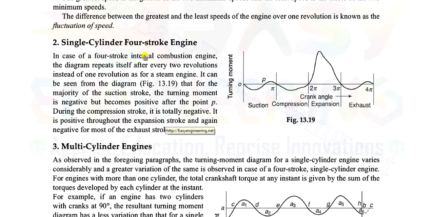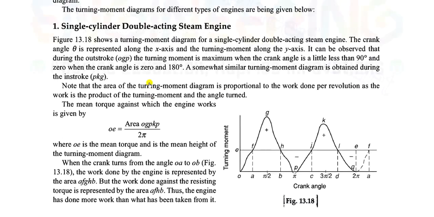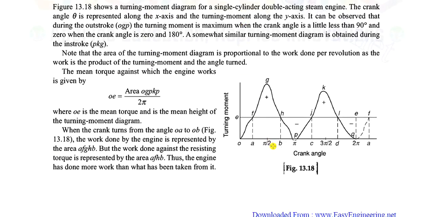So in a single cylinder 4-stroke engine, the turning moment diagram will be like this, whereas in a single cylinder double acting steam engine the diagram will be like this, because here in both strokes you will get power. It is double acting, meaning when the piston is moving backward it also produces power, and when it is moving forward it also produces power.